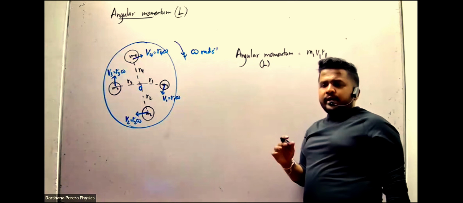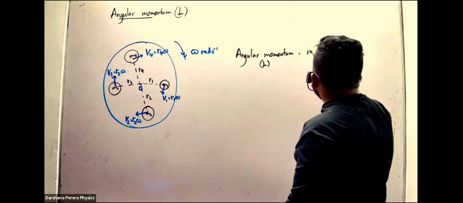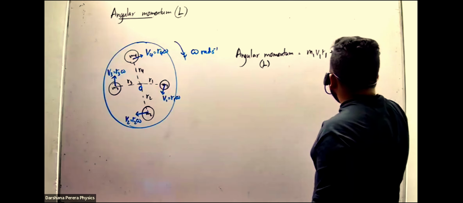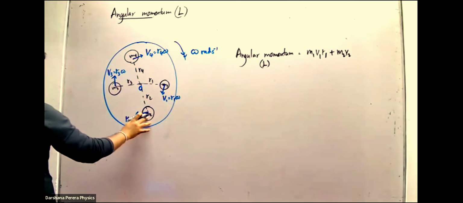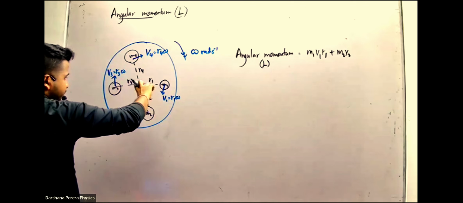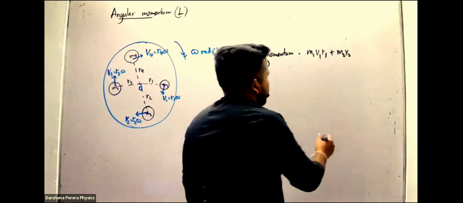This is the moment of momentum of each particle, right? M2 V2 is the momentum, therefore the moment is M2 V2 into R2.